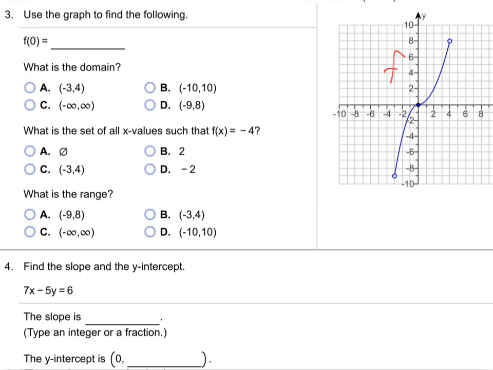Well, the key is to remember that whatever's in the parentheses is x, and whatever it equals is y on the graph. So I say, okay, go find the point that has an x value of 0. That'd be right there at the origin.